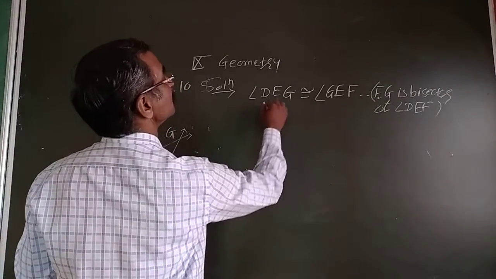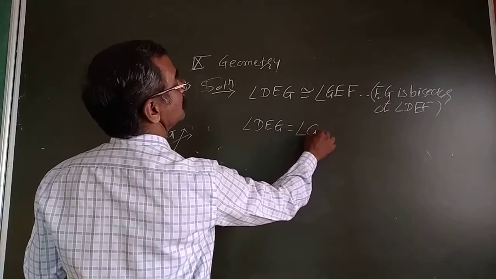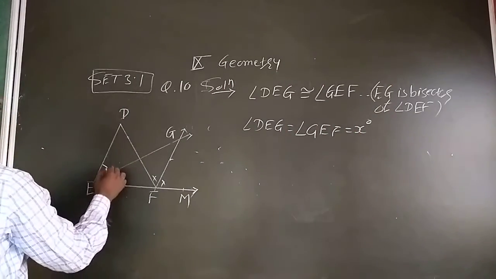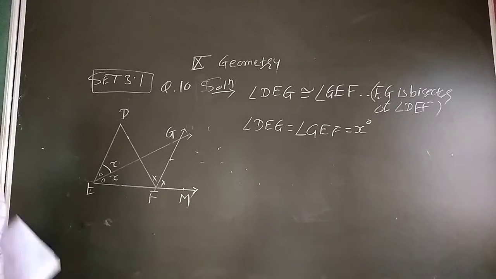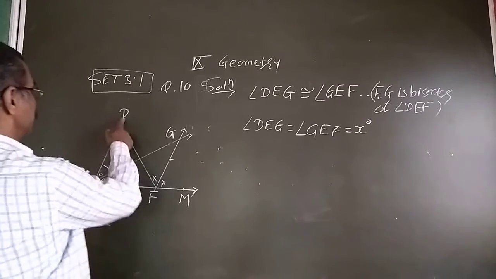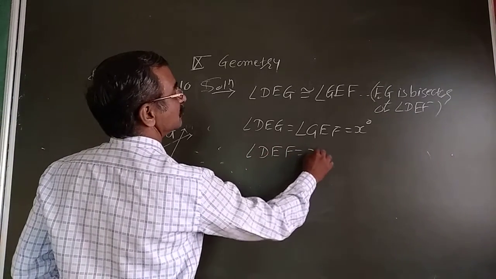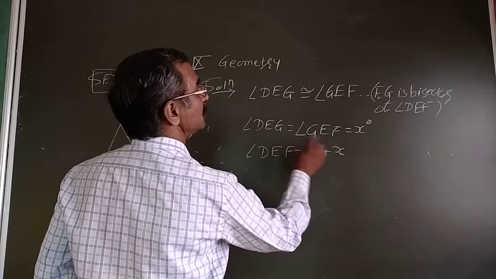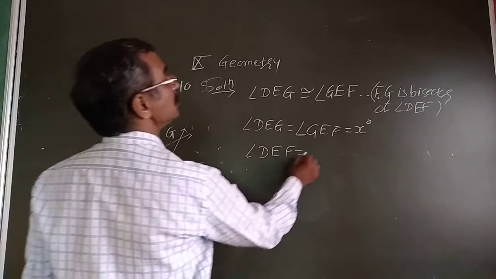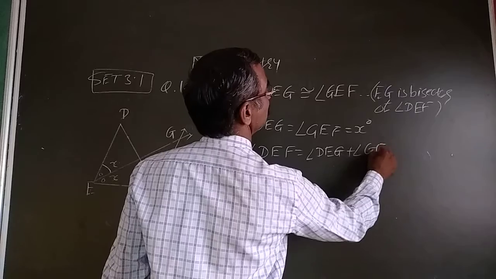We consider both angles DEG and GEF as x degree. So we get the total angle DEF, which is equal to the sum of these two angles, angle DEG plus angle GEF.